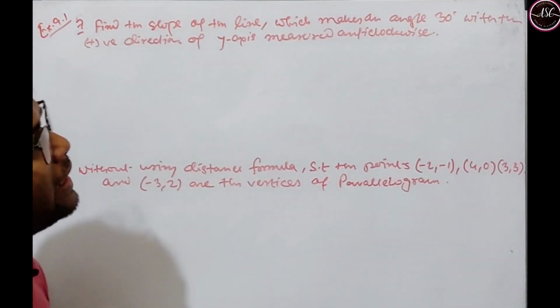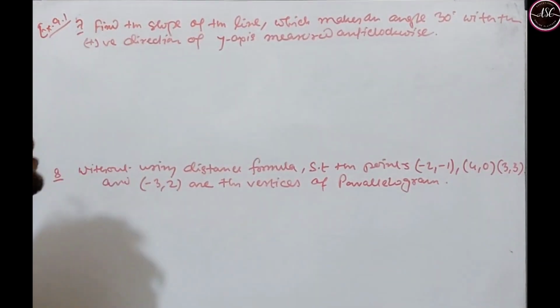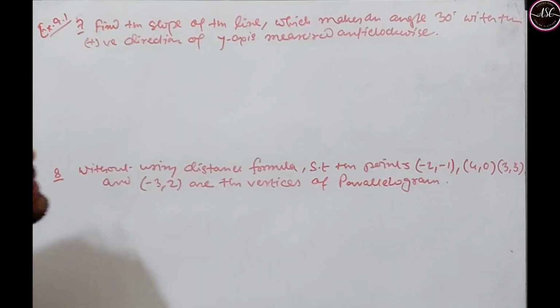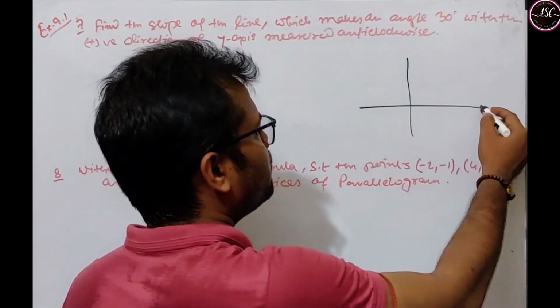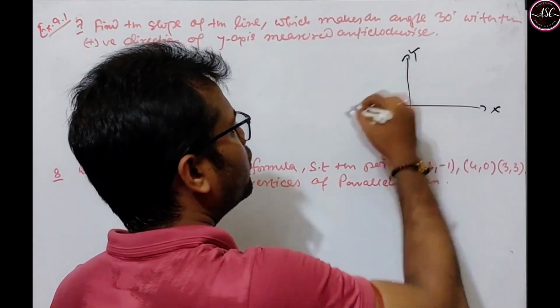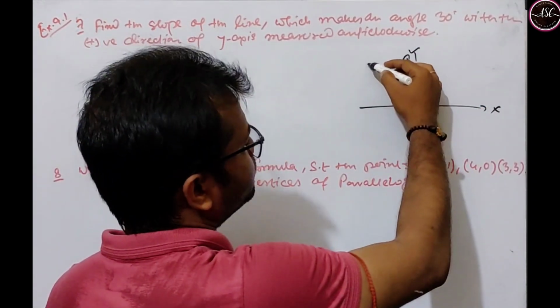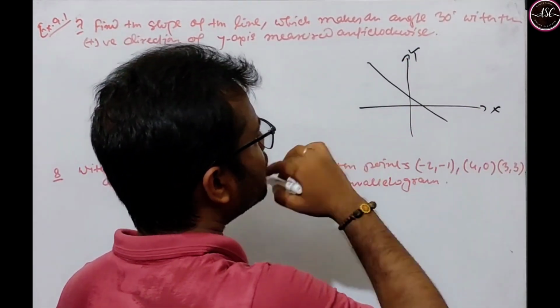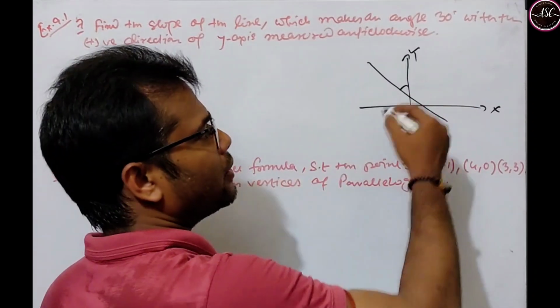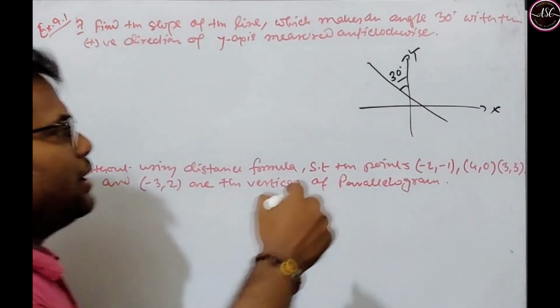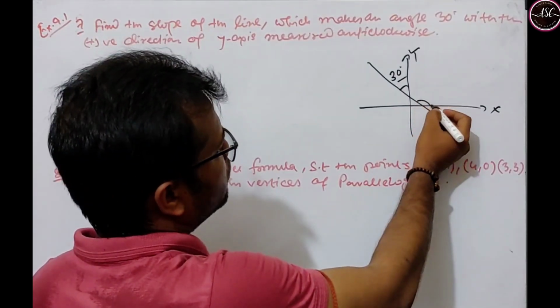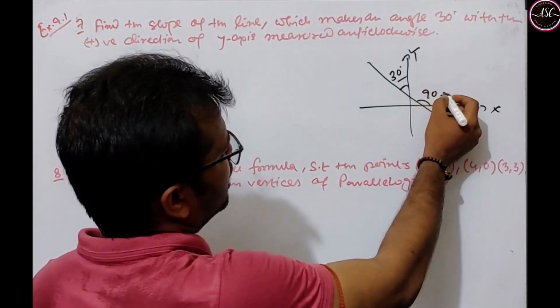Find the slope of a line which makes an angle of 30 degrees with the positive direction of the y axis, measured anti-clockwise. So just draw here the xy plane, x, y. Okay, so the line makes an angle of 30 degrees with the y axis, that means this will be 90 plus 30.